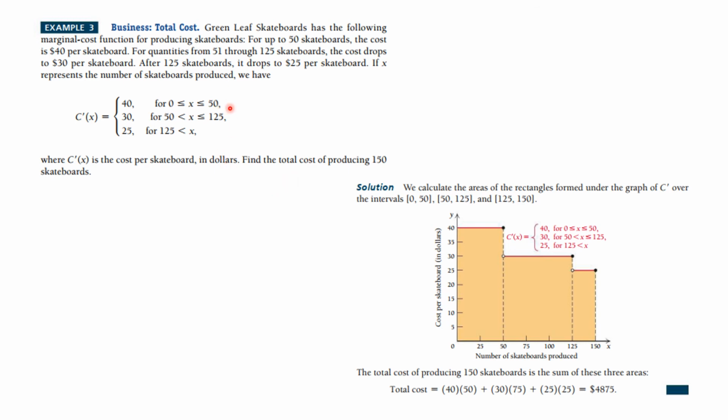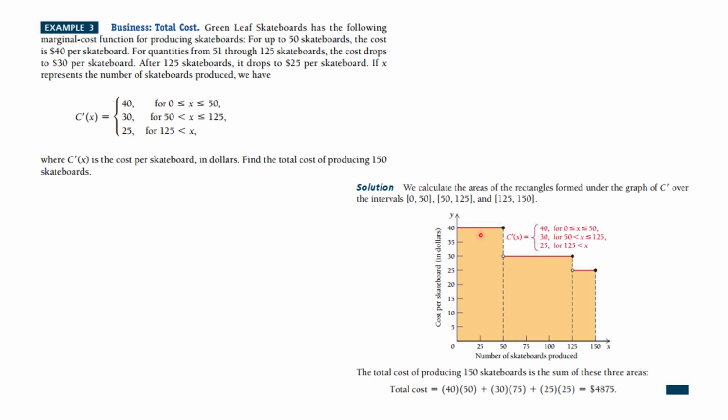When you are making 150, your total cost is going to be your cost times how many you make. The first 50 are going to cost $40 each. The next 75, going from 50 to 125, are going to cost 30 each. And the last 25, if you're making a total of 150, are going to cost 25.